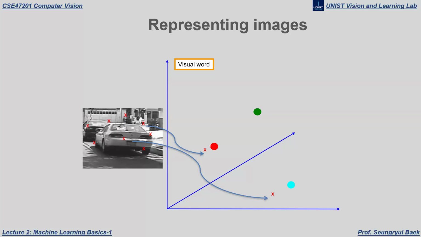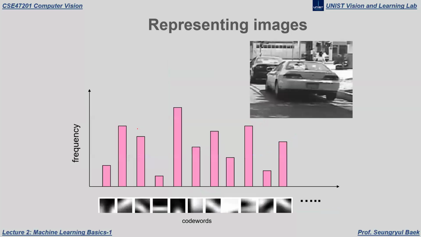And then with the already learned visual words, we will map each patch in the testing image into one of the visual words by calculating their distance. By doing this, we can represent testing images as histograms. So now we can represent images as histograms of the visual words.